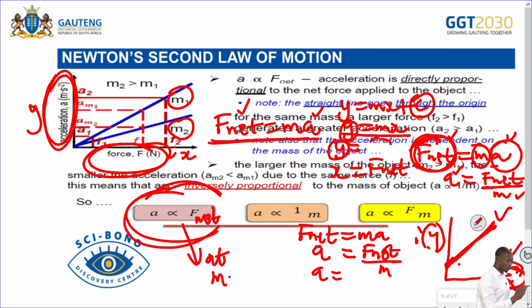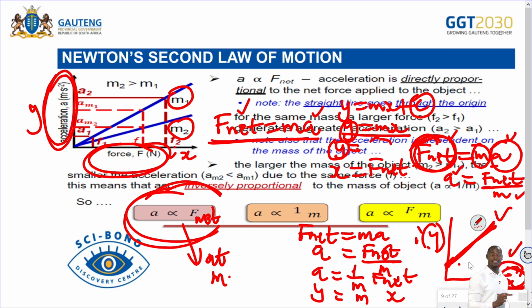So it will be A equals 1 over m times F net. This is y, this is m, this is x. You can see my y is acceleration, and that is correct.